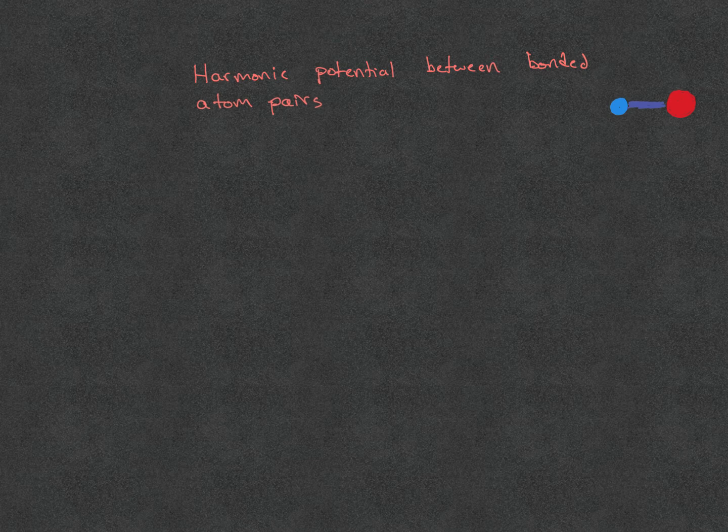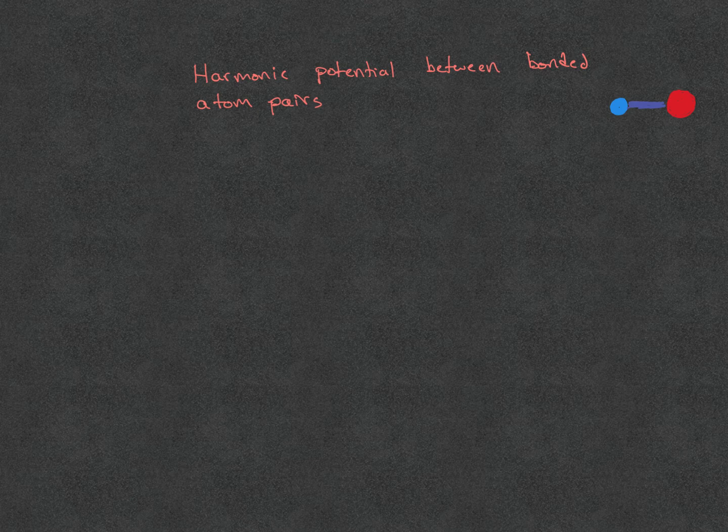Now let's look at the harmonic potential. I want to be a little bit careful to distinguish this potential from the Coulomb potential that we just talked about. We're really talking about two atoms which share a bond.